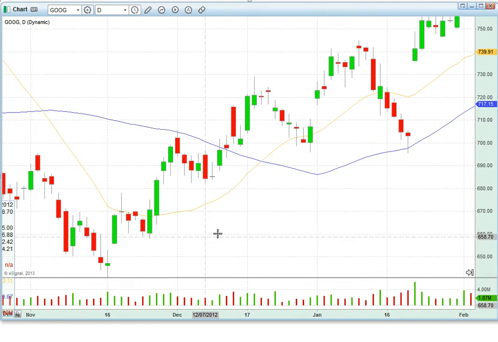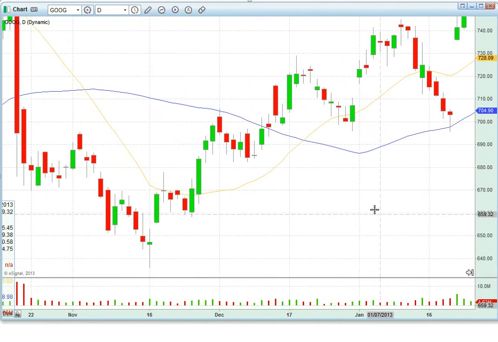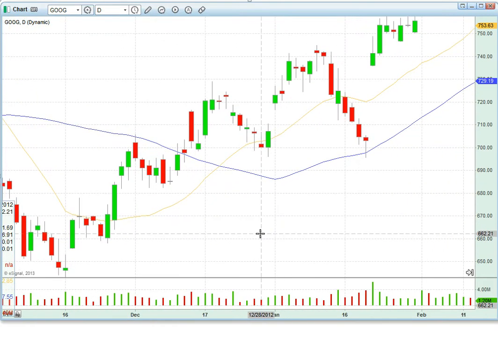Now if we go back, also another thing, if a stock tends to pass over a moving average, and then it stays there for some time and comes back, that just basically means a strong support.